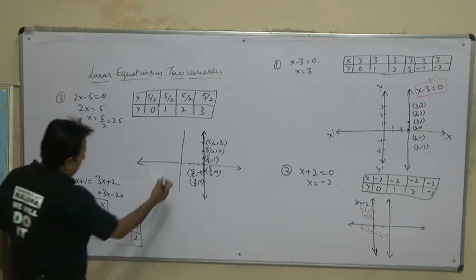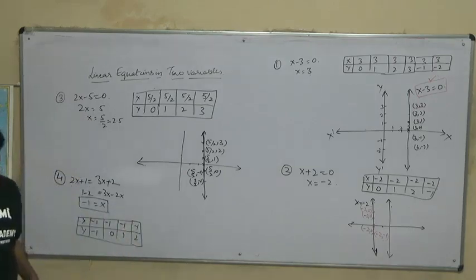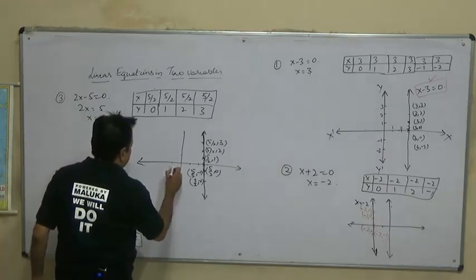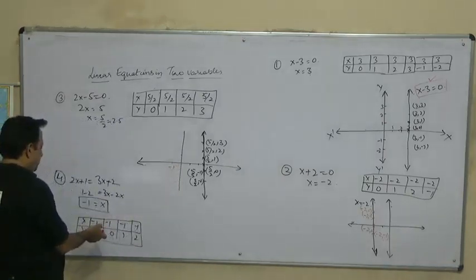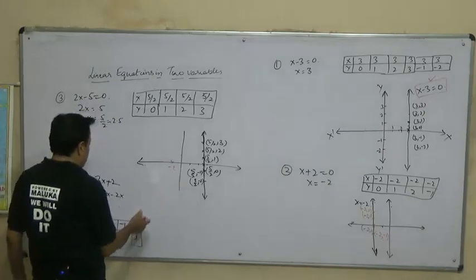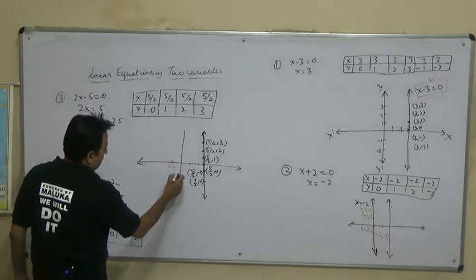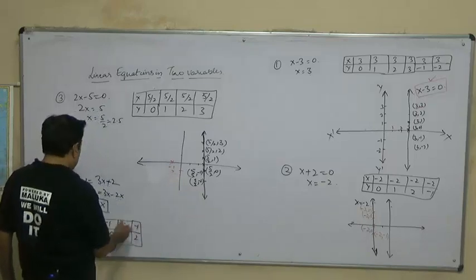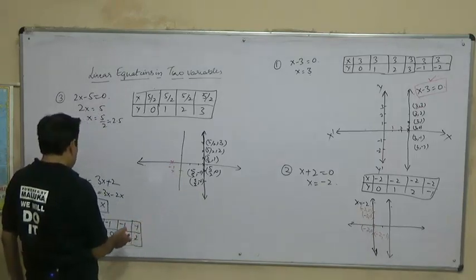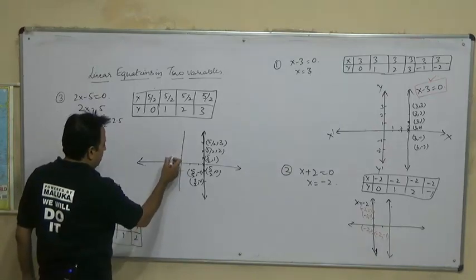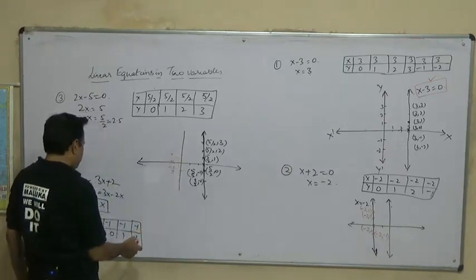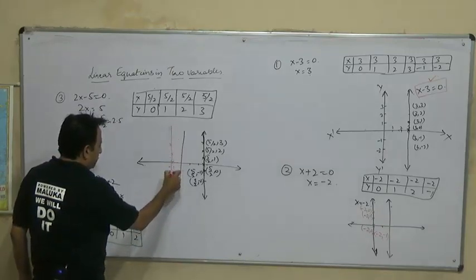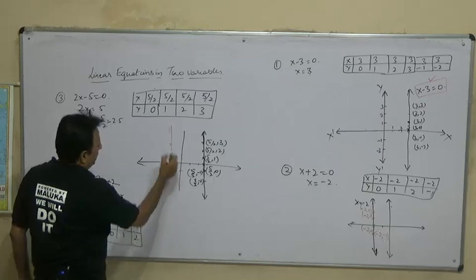So if we generate the same here, this is your minus 1, and we can generate minus 1 comma 0 is this, minus 1 comma minus 1 is this, then minus 1 comma 1 is this, minus 1 comma 2 is this. So we can join all these points to form a line.